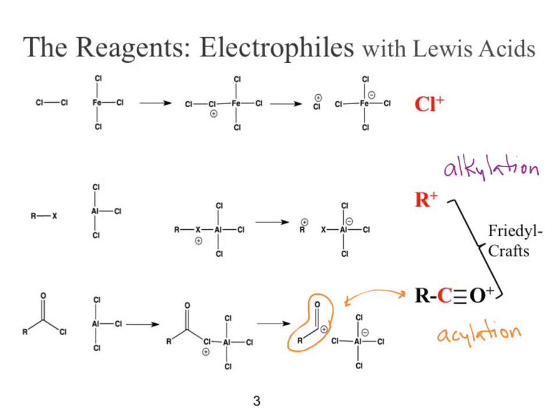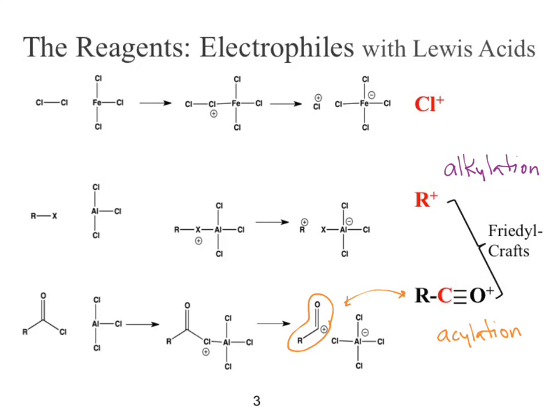Well, if we can't touch the electrophile, what do we need to affect? The nucleophile. So it turns out our Friedel-Crafts alkylation reactions only work when we have a nucleophile that is actually activated. If it is deactivated, which we haven't discussed yet, a deactivated ring will not react in the Friedel-Crafts alkylation reaction because it doesn't have enough electron density to overcome the lack of stability of our carbocation in the alkylation reaction.